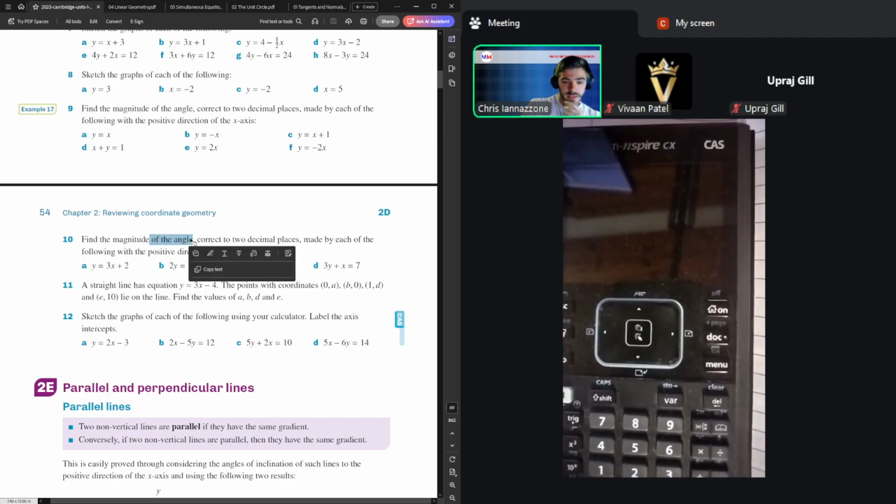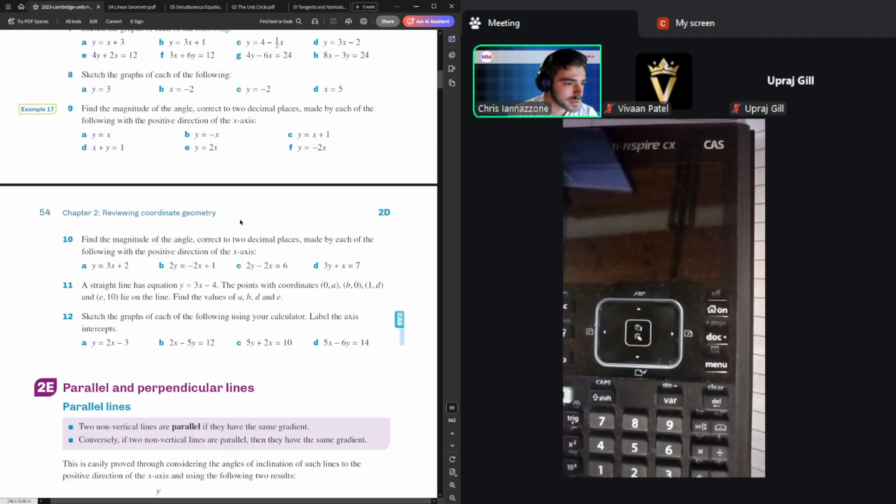As soon as it talks about angle, we know the relationship between angle and gradient. So we should immediately be thinking that tan theta is going to be relevant here because it's the trig ratio that bridges gradient and angle together. Whenever you're trying to solve for a variable, one of the first things you're looking for is what equations have those variables in them. So in this case, we have a gradient of 3.